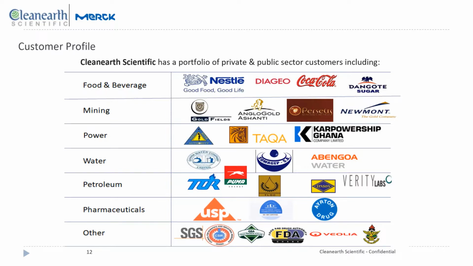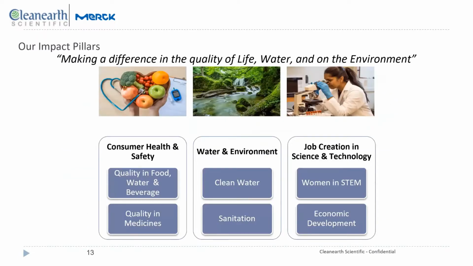And then we have Abengoa Water as well. We have been associating with Puma Energy, Tema Oil Refinery, Verity Laboratories, and in pharmaceutical, there's USP, and a host of other things, SGS, Ghana Standards Authority, CSIR, Food and Drugs Authority. We are proud to be making impact on their operations.